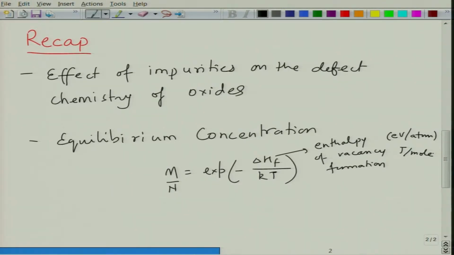You can write this as delta HF divided by kT, or it can also be written as delta HF divided by RT, but then you will have to adjust the units accordingly. k is the Boltzmann constant, R is the gas constant. And you can see from this that as the temperature increases, the number of vacancies increases. In this case it would be 2kT, I am sorry, because you are dealing with a pair of defects. As a result it becomes 2kT, but in case of metallic systems it will be just 1kT.